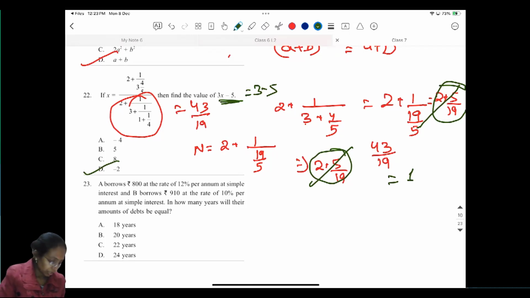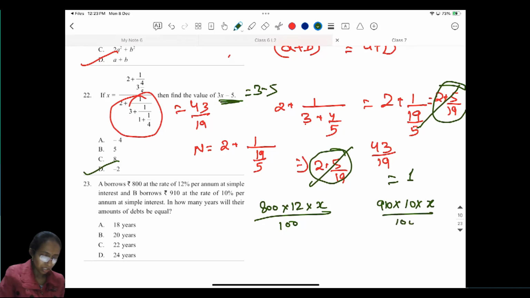So 800 is borrowed at the rate of 12% for, assume it to be x years, and B borrows 910 at 10% rate of interest for x years. So this is the interest for both A and B. Now we need to find in how many years will their amounts of debts be equal.